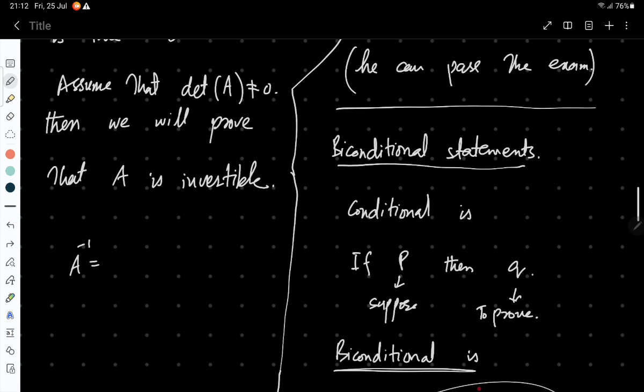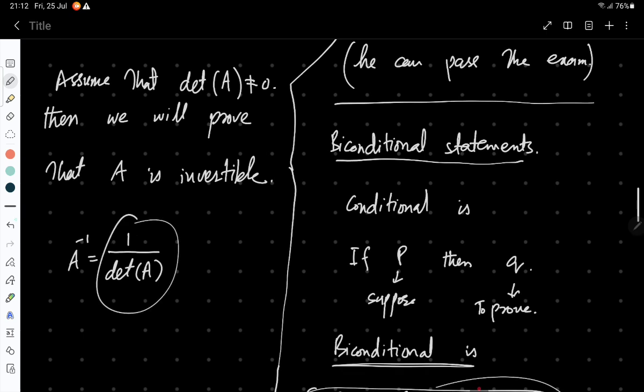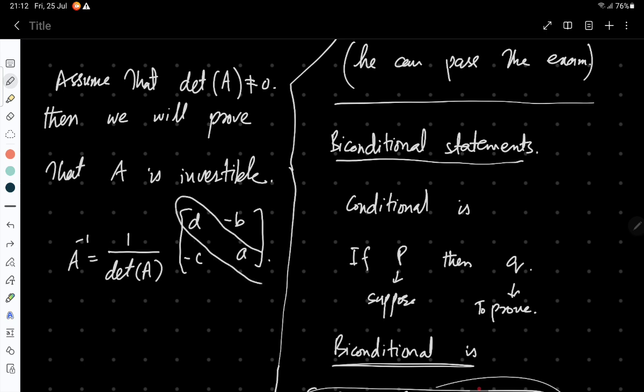Since our assumption is that the determinant is non-zero, and we have the formula for the inverse of the matrix, that formula is 1 by the determinant of the matrix times adjoint of the matrix. Adjoint of a matrix means that we interchange the elements of the main diagonal and change the signs of the elements along the other diagonal.